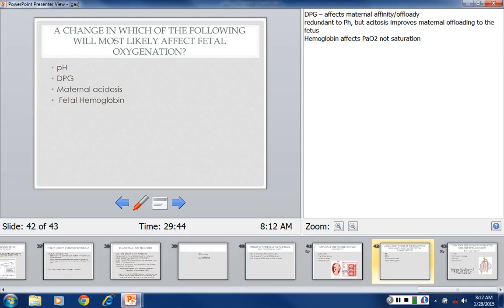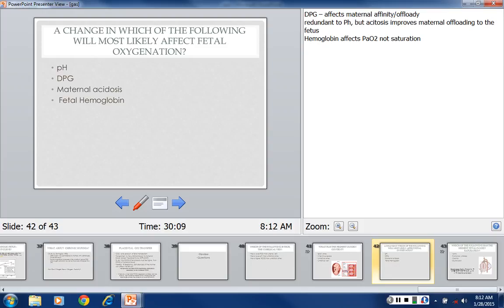Told you, it's a very boring lecture. But these are actual questions that people remember getting. It's going to be your 2,3 DPG, because you remember, that affects the affinity. If you change it, mom's not going to give it up. The pH and maternal acidosis are the same, but acidosis actually improves offloading from the mom.